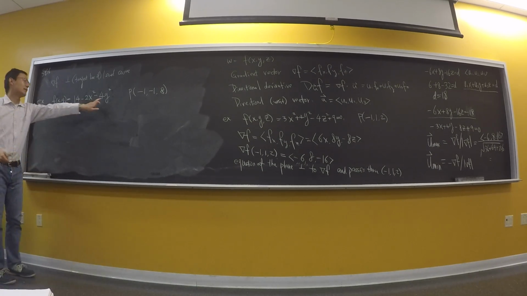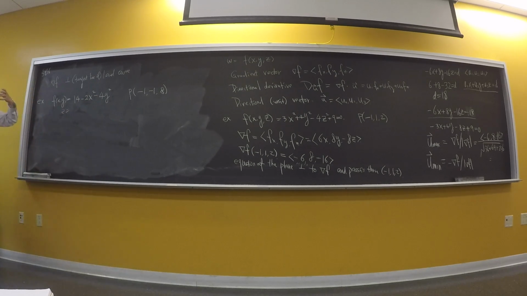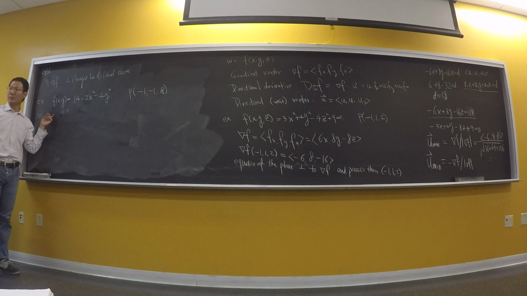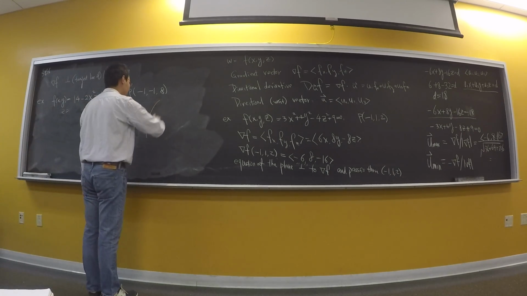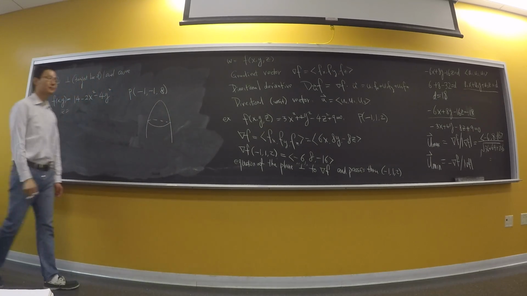So you have one ellipse and then two parabolas opening downwards. This is definitely an elliptic paraboloid. So the graph roughly looks like this.